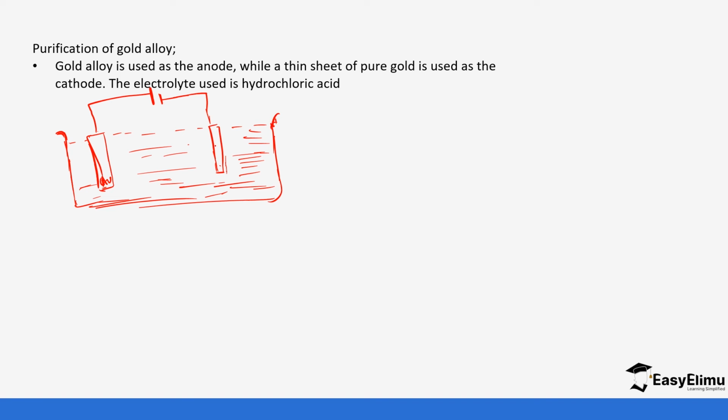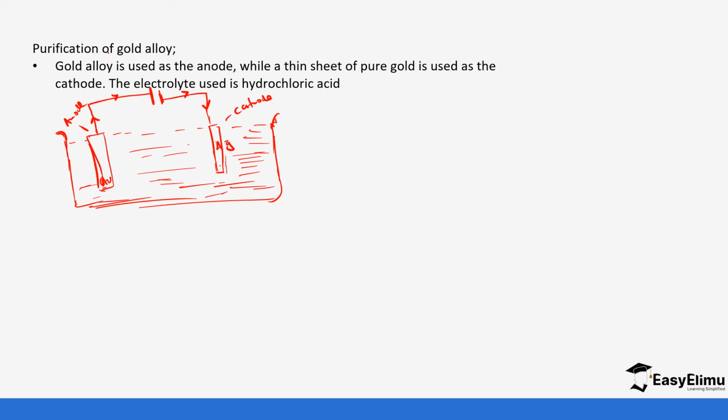So this is gold. The electrons will move from the gold anode. This is the anode, and this is the cathode. And the electrons move through the wires to the cathode, where a discharge happens.